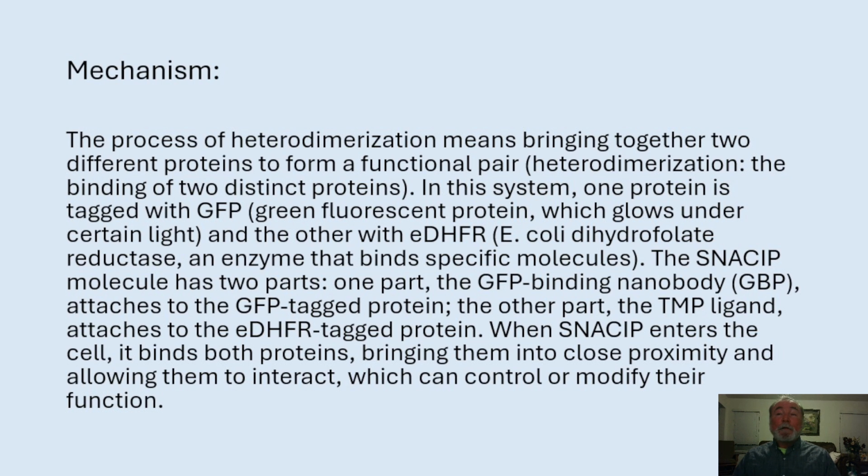The conjugate-induced proximity molecule has two parts. One part is the GFP binding, which attaches to one protein, and the other part is the ligand that attaches to the other protein.